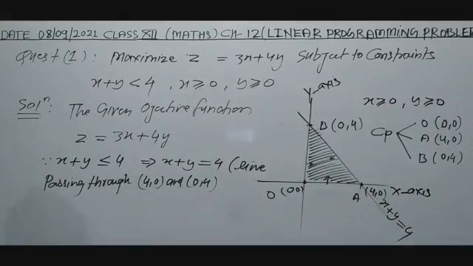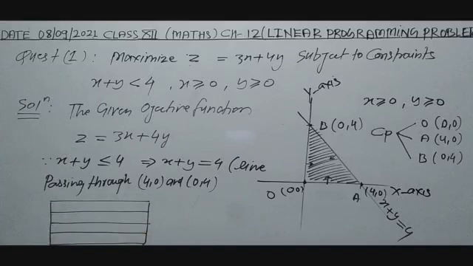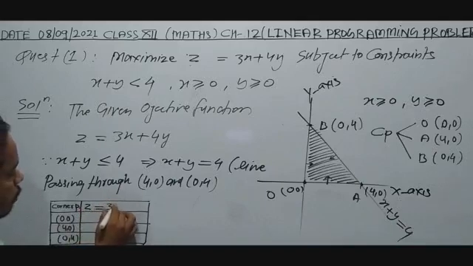Now see the table of corner points. The corner points are (0, 0), (4, 0), (0, 4), and z equals 3x plus 4y.